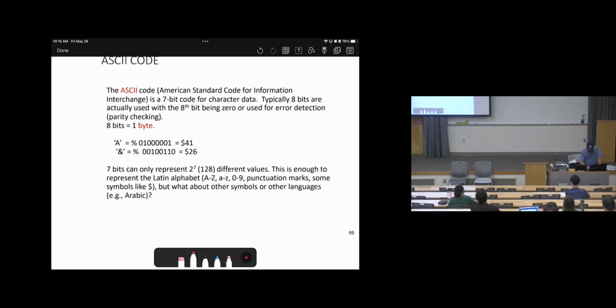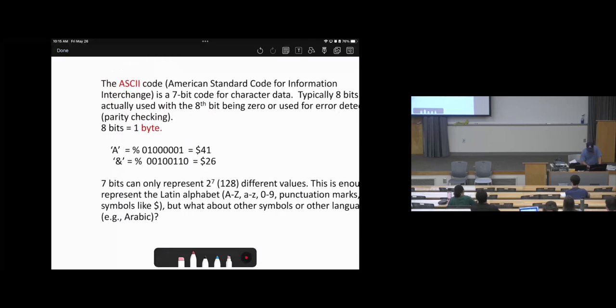For example, the letter A will be stored as 01000001. It's hard to memorize this. So as a reference for myself or for the programmer, I will say that A in hexadecimal is 41.